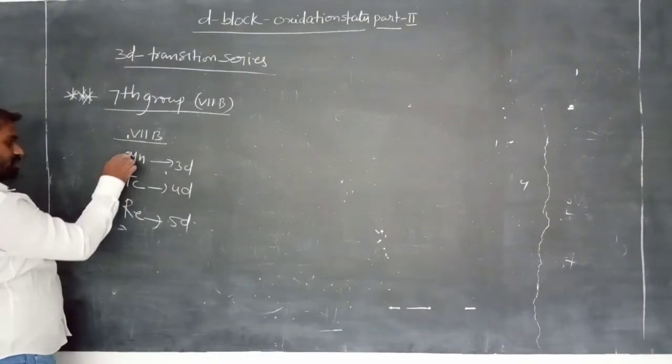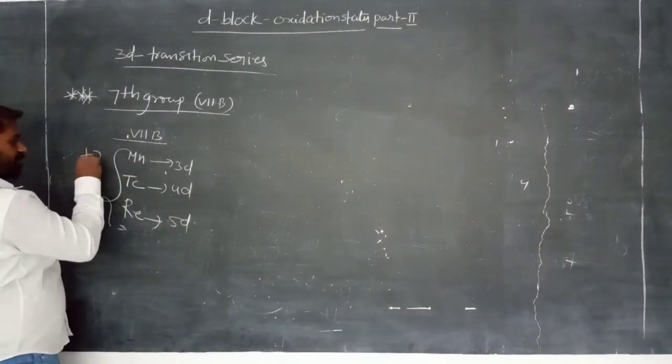In the seventh B group, we have manganese, technetium and rhenium. These are the elements. Manganese belongs to 3D transition, technetium to 4D, and rhenium to 5D. These all show a maximum oxidation state of +7.